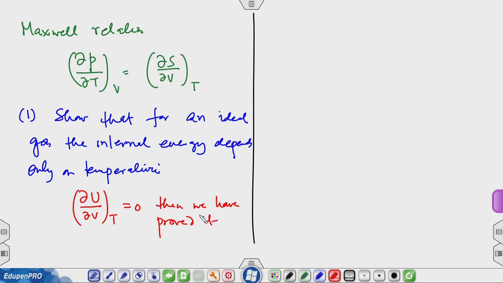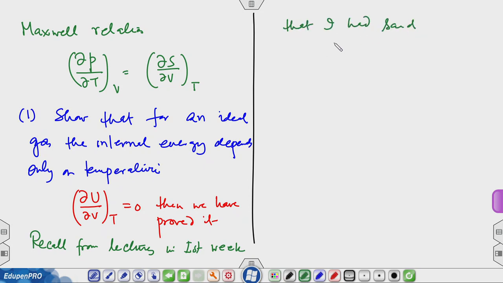Now recall from lectures in the first week that I had said that for an ideal gas, U is a function of T only.